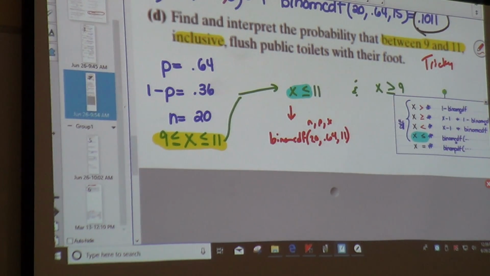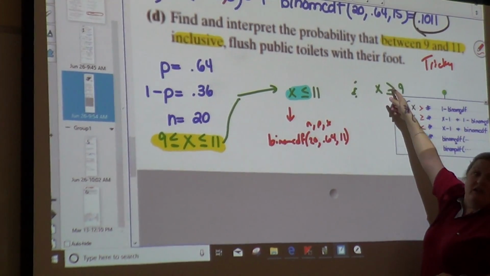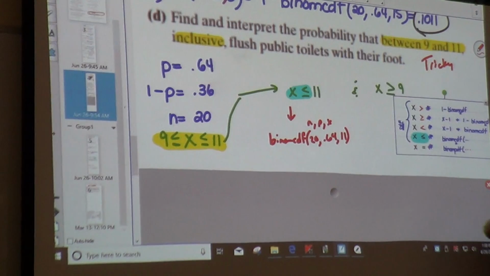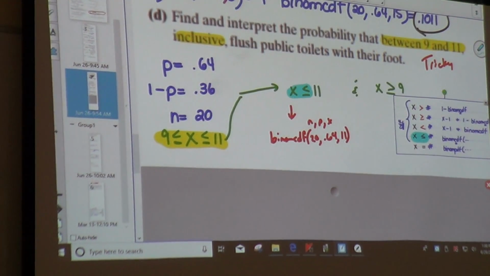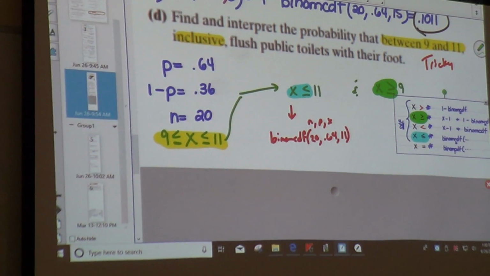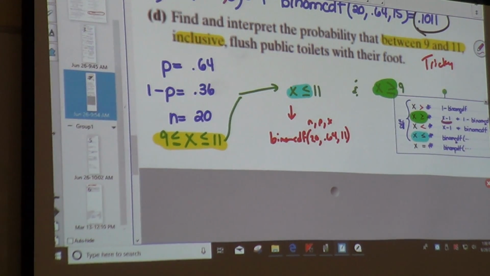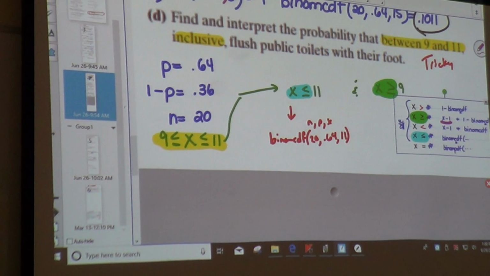Now, when I go to do this one, that's a greater than or equal to, which is going to be this one. This one, we have to subtract 1 from my X. So what is my X going to become? 10.